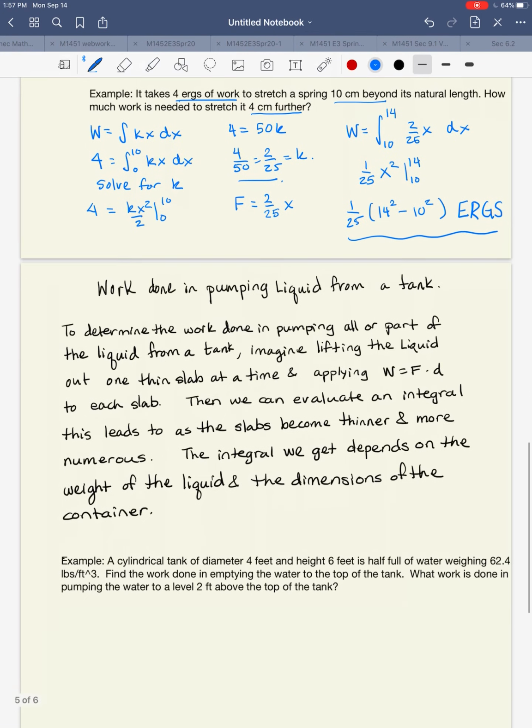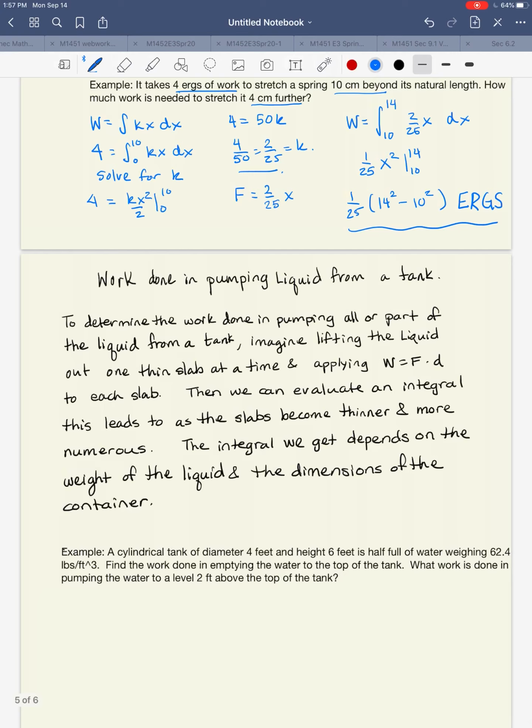The next type of work integral that we're going to do is work done in pumping liquid from a tank. So to determine the work done in pumping this water out of the tank, imagine taking slices of the water of some thickness, right? Delta x, delta y. The slices take on some sort of shape depending on the tank.